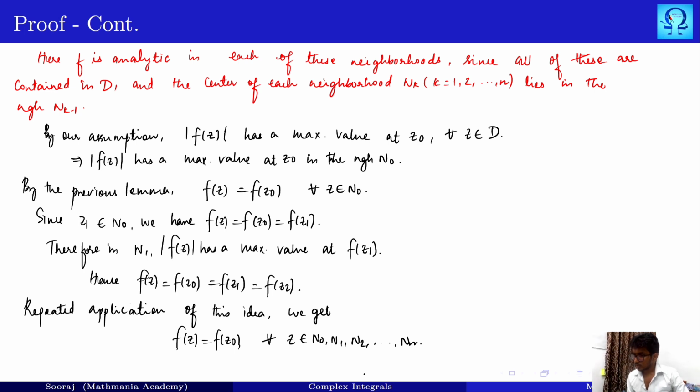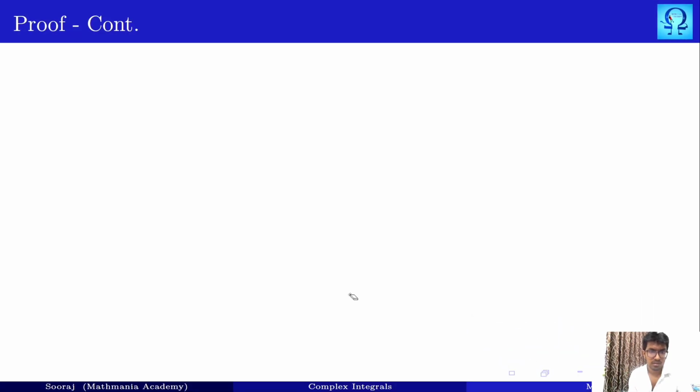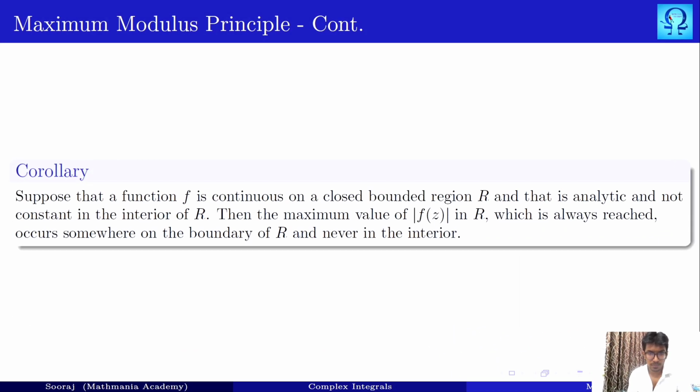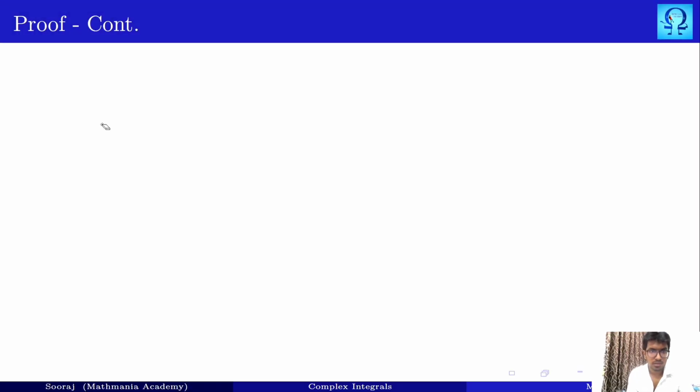So this D may be anything, like we can choose the entire complex plane also to be the domain D. This is what we have already said. Using that ideology, we can conclude this one.